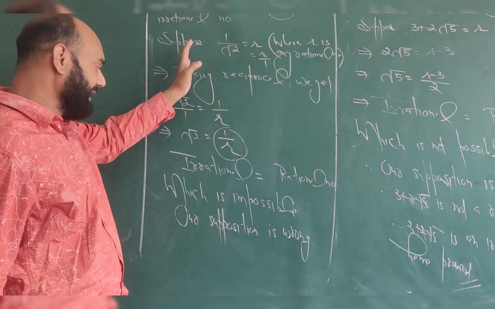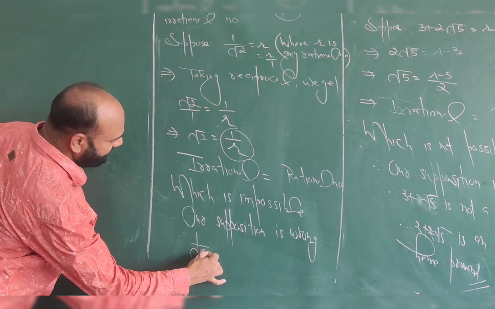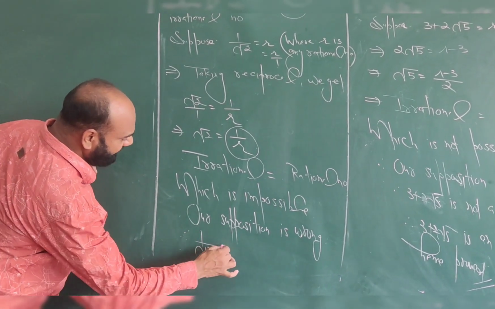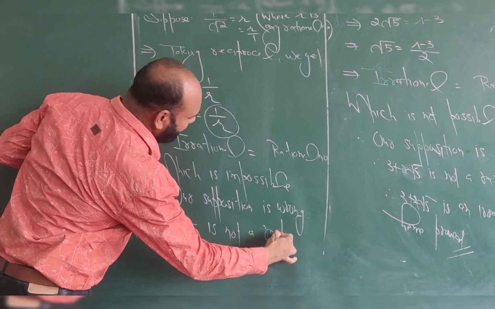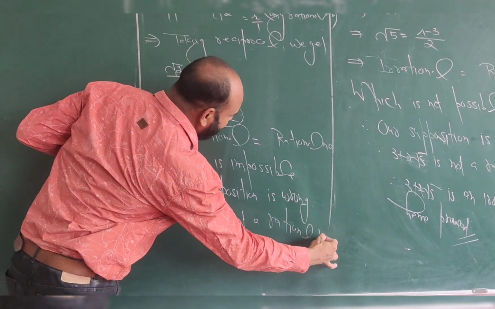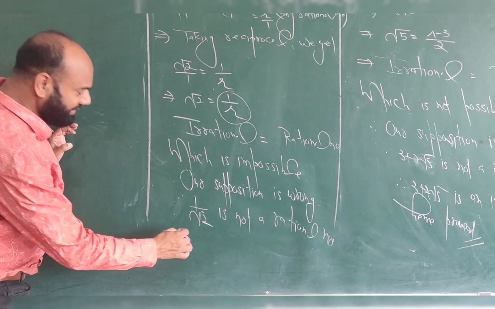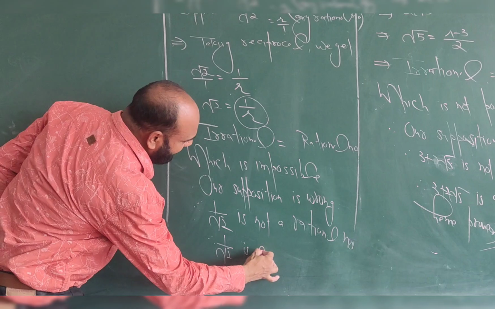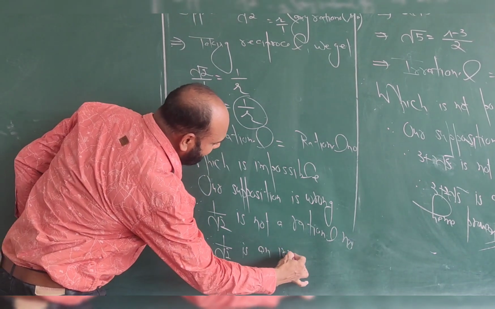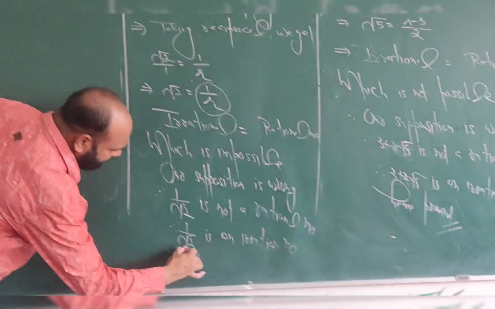So we can say that 1 by root 2 is not a rational number, and when it is not a rational number, then it must be an irrational number. So 1 by root 2 is an irrational number. Hence proved.